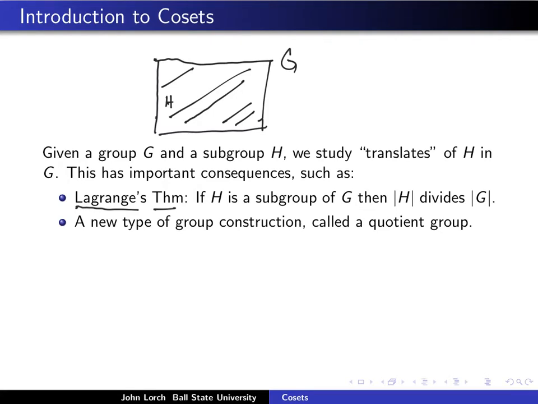Also, this study of translates or cosets is going to give rise to a new type of group construction called quotient group.